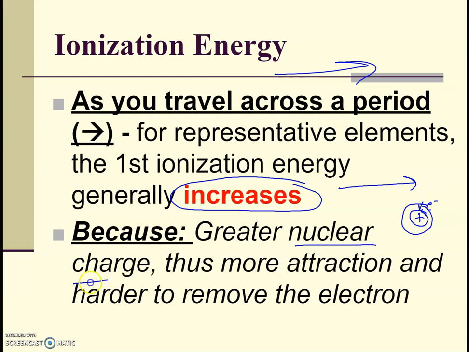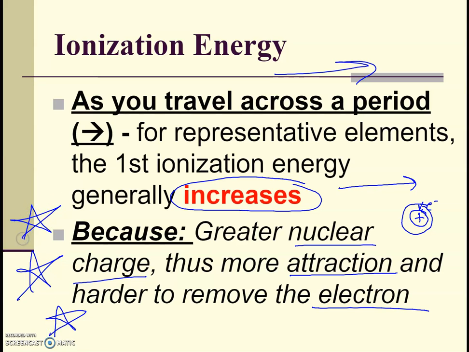The greater the nuclear charge, there's more attraction for the electrons, and it's going to be harder to remove. This is always going to be the case, because they're smaller as we go across, because the nucleus is pulling down on those electrons, making it more and more difficult.